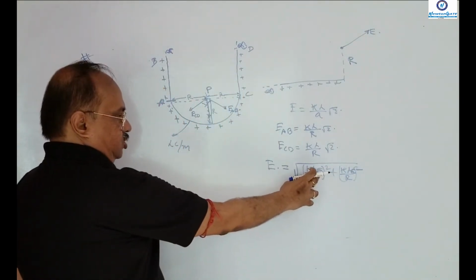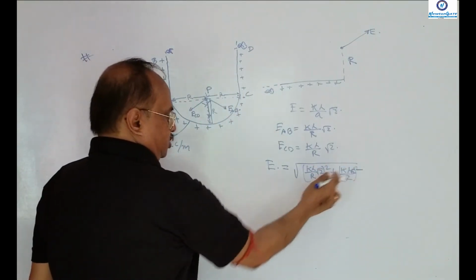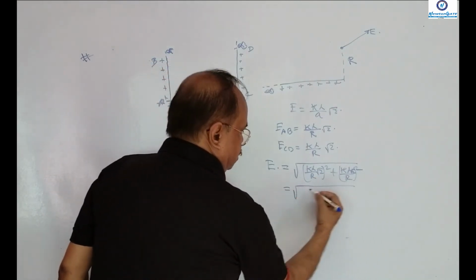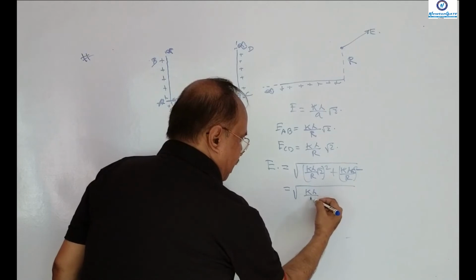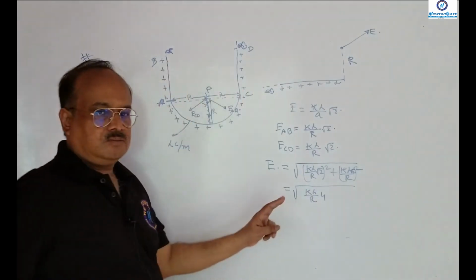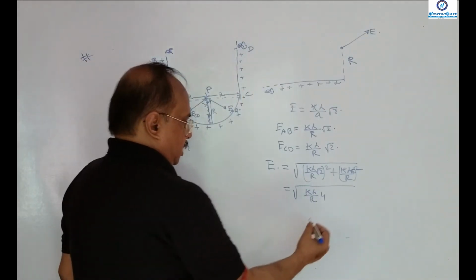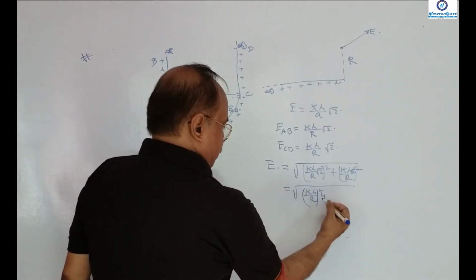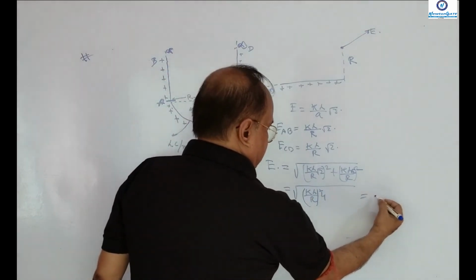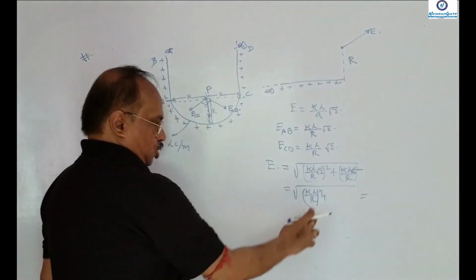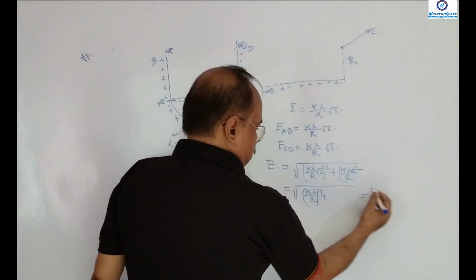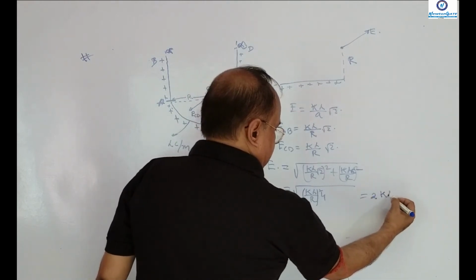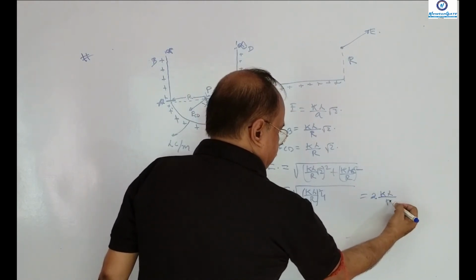That means root 2 whole square is 2, root 2 whole square is 2, that means total will be equal to k lambda by r into 4. That means if I square root it, it will become 2 k lambda by r.